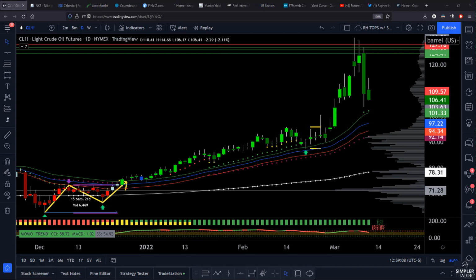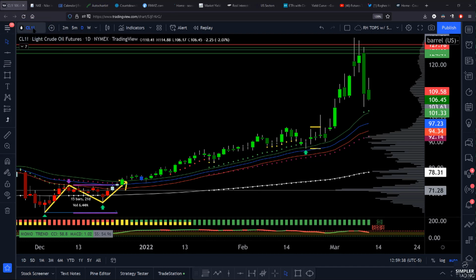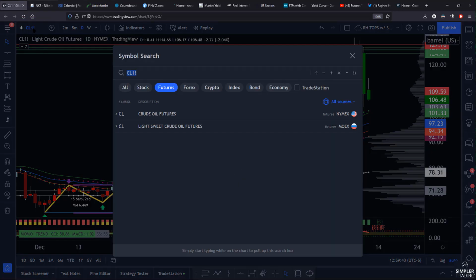By the way, we're going to talk about pullbacks on crude because I'm absolutely interested in building not only a long position again in crude oil, but also the related sectors and the individual stocks also within them. So there's a lot to like about getting a read on the broader commodity and then how that tracks to the oil stocks. But we'll talk about that in another update.